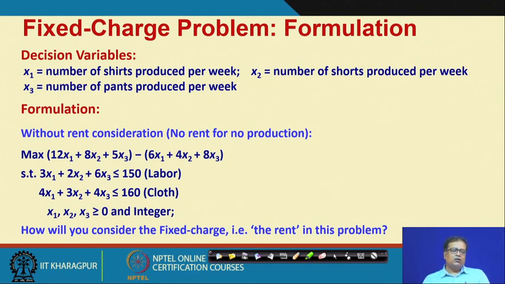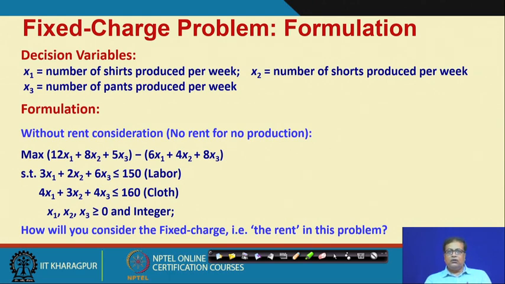So, the revenue minus cost, that is the profit, and that will be maximized, subject to the labor constraint and the clothing constraint, that is 3 x1 plus 2 x2 plus 6 x3 less than equal to 150, and 4 x1 plus 3 x2 plus 4 x3 less than equal to 160. They are like the usual linear programming formulation, and x1, x2, x3 should be greater than equal to 0 and they should be integers, right.